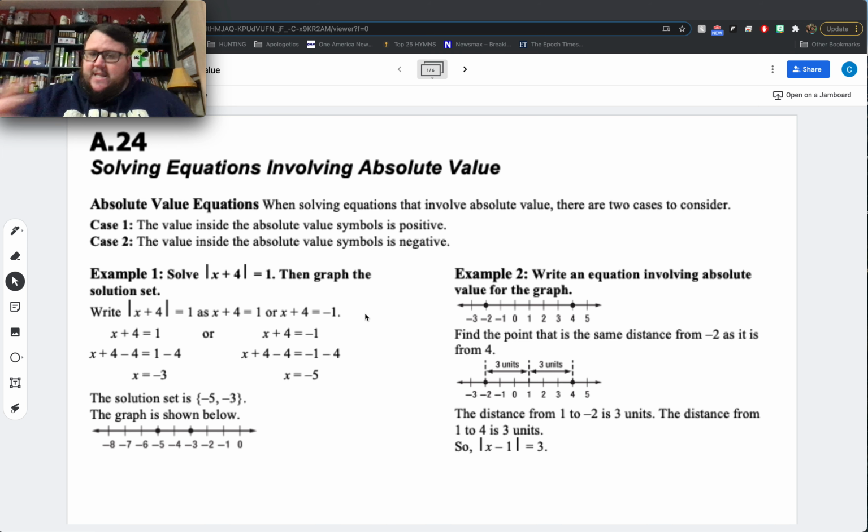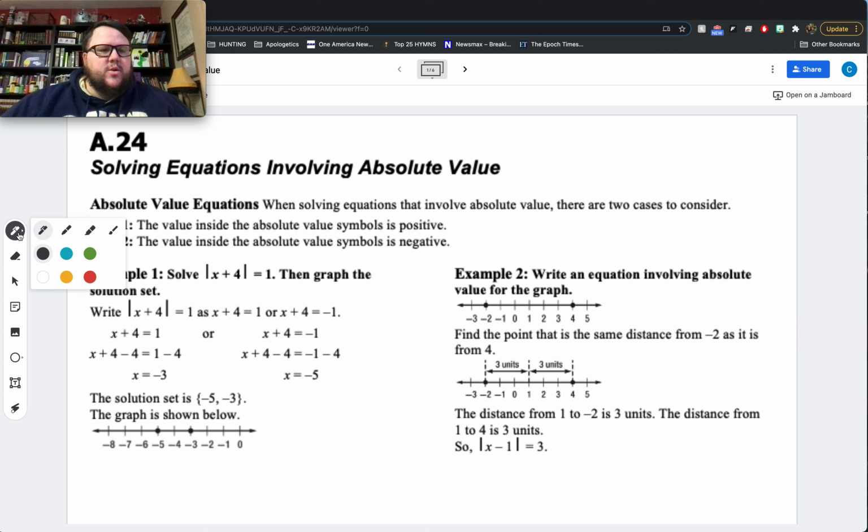Let me say it this way. If I have the absolute value of 3, that equals 3. If I have the absolute value of negative 3, that equals 3.